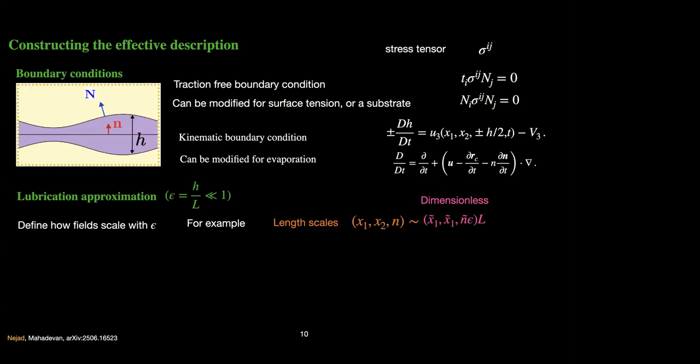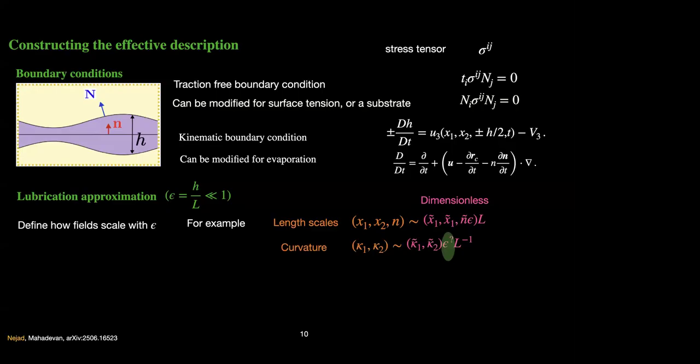For example, the length scales along x1, x2, which are the two directions inside the film, and perpendicular to the film, scale with epsilon as I've shown here. The x1 and x2 don't have epsilon because they're along the long axis, but across the thickness, because the thickness is small, the length is proportional to epsilon to the first order.